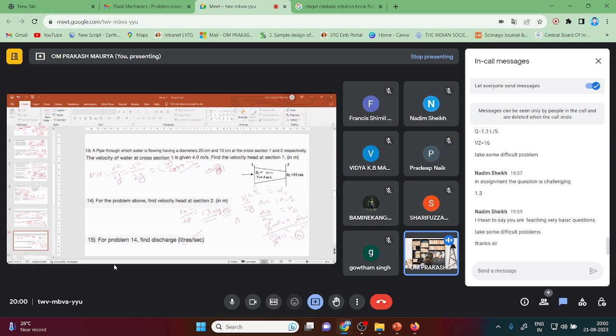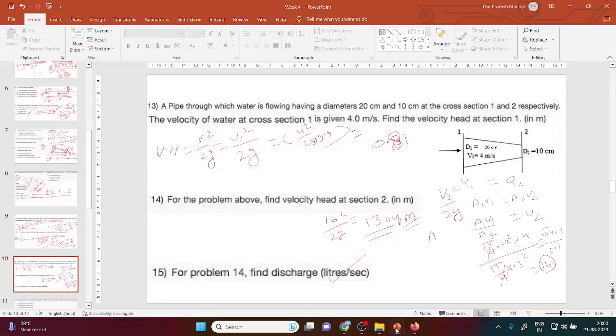Okay, for question number 15, what will we do? Discharge is asked. You all know the discharge formula: area into velocity. How much velocity? 4. Area how much? Pi by 4 into d square. 4 is given at that location. You need to take d1 square. 4 and 4 cancel.